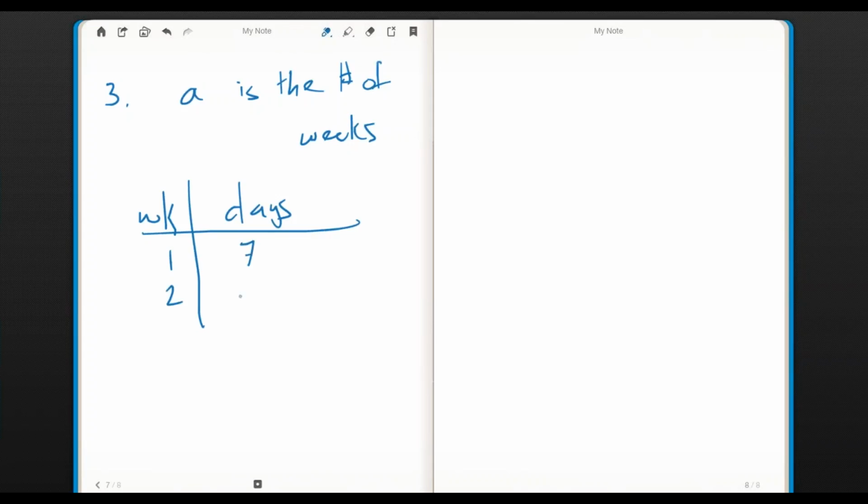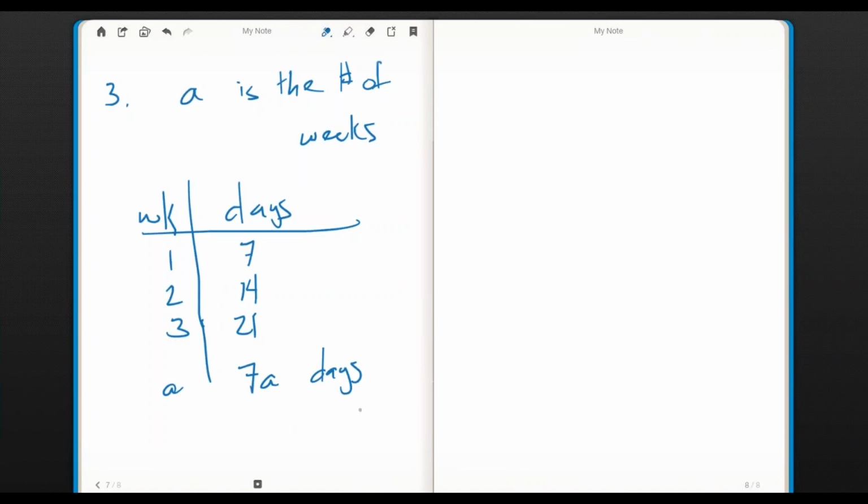If I have 2 weeks, I have 14 days. If I have 3 weeks, I have 21 days. What would my expression be for A weeks? Well, however many weeks you have, if you take 7 and multiply it by the number of weeks, you will have the number of days. So there are 7A days in A weeks.